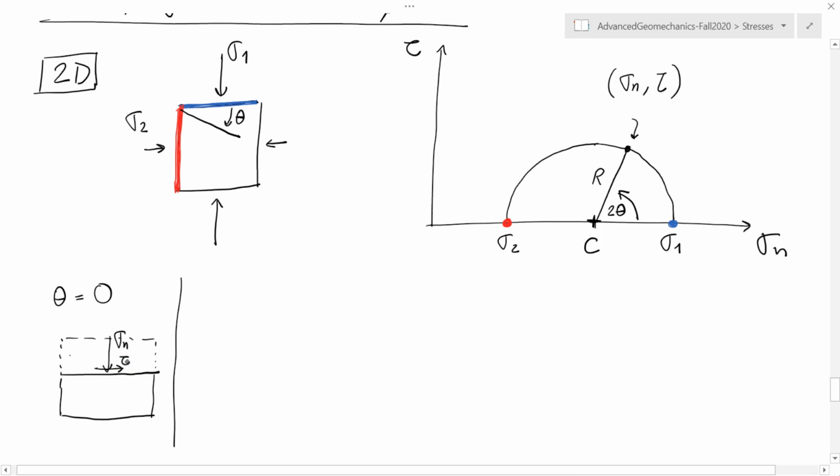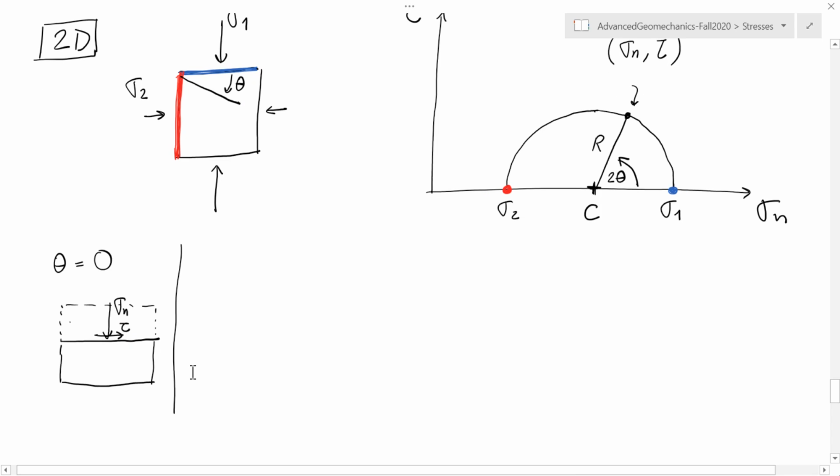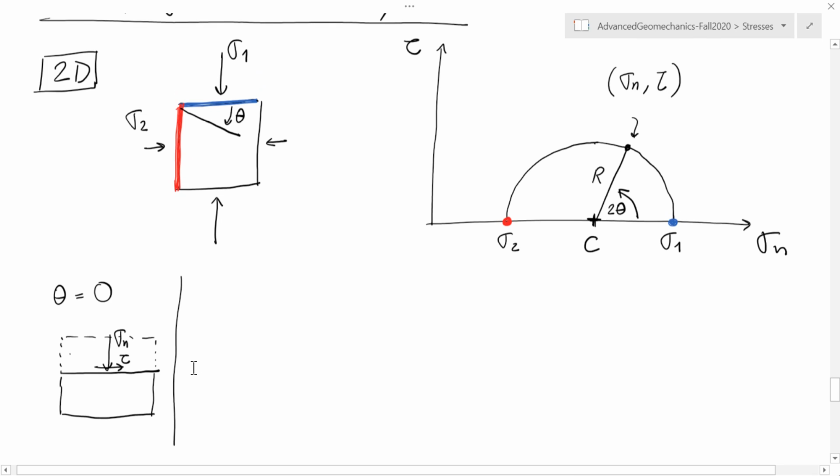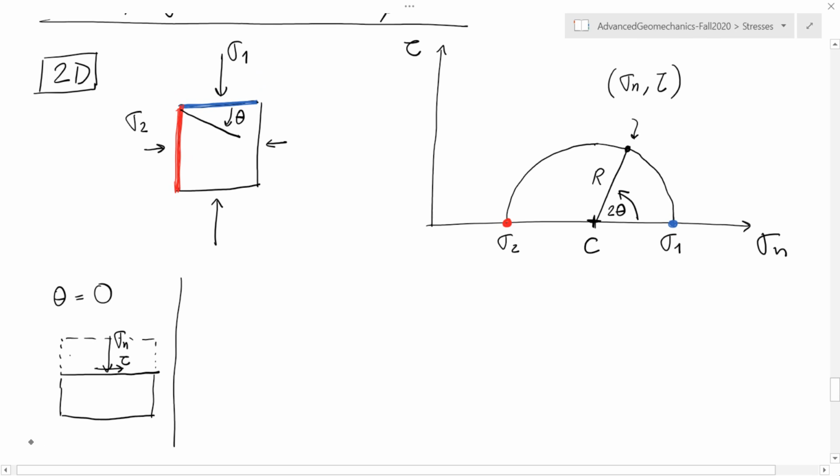Notice that in this particular case, assuming that I have the same stresses as the one I have above, sigma n is going to be equal to sigma 1 and tau is going to be equal to 0, because this plane is actually that same plane over there and is this point over here, right?